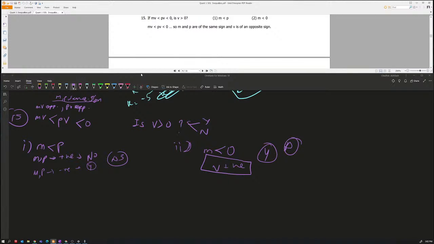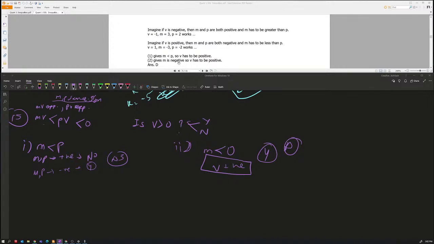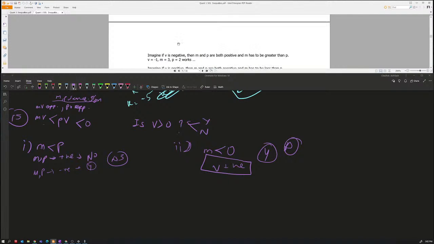From here, if we derive, we can cancel this, and then if M is greater than P, I think we would have to assume that M is positive, because then only P can be. So M is positive and V is negative. So you could have got it from A itself. M is less than P, so V has to be positive, which, okay, how?